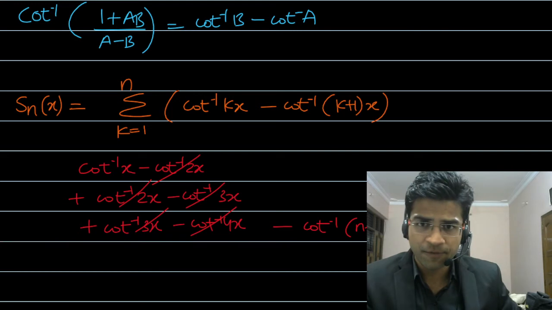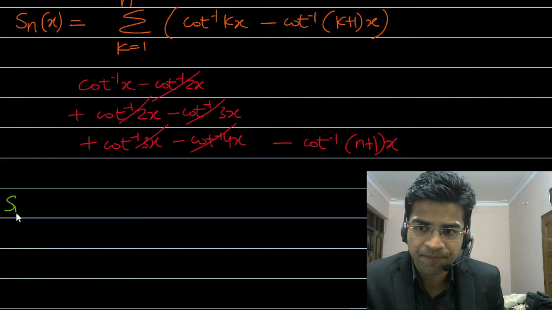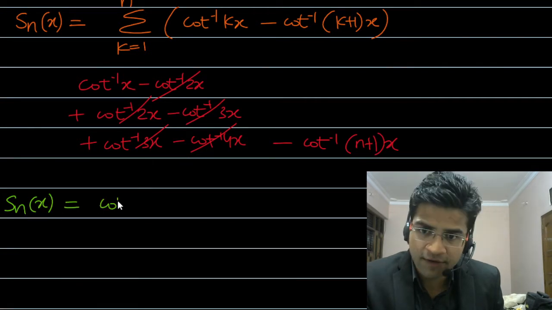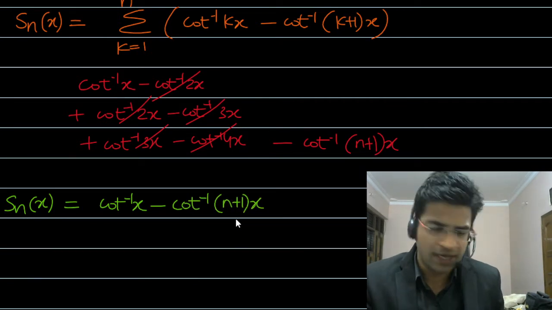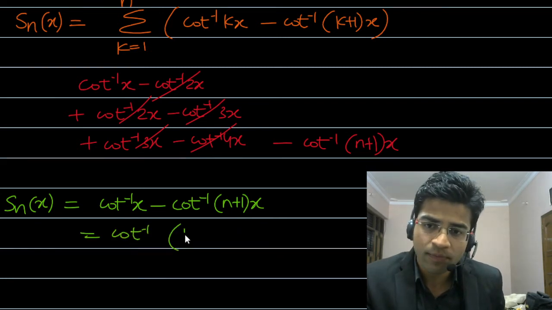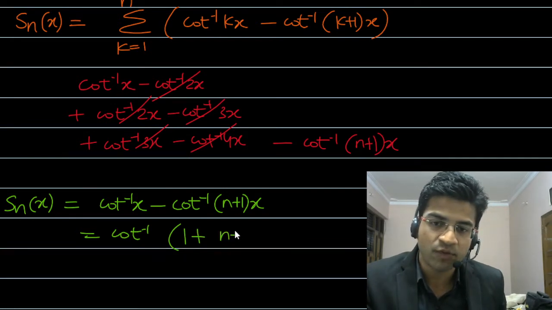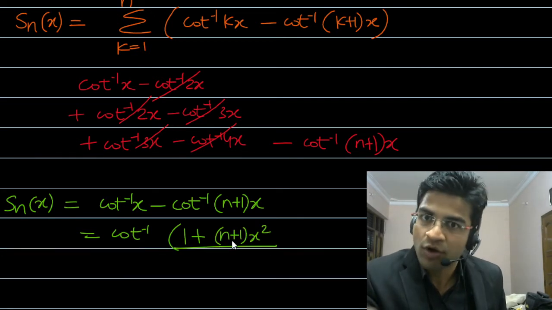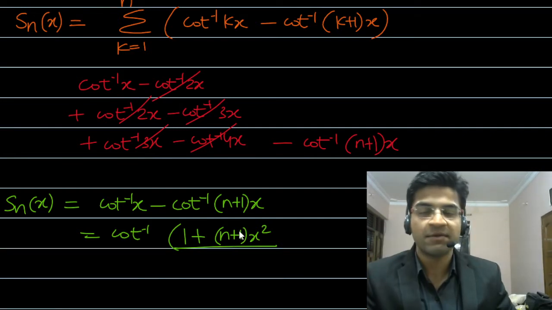So we have S_n(x) as cot inverse of x minus cot inverse of (n+1)x, and use this property of cot inverse again. It will be equal to cot inverse of (1 plus x into (n+1)x), so 1 plus (n+1)x square, and in the denominator, since this is cot inverse of a minus cot inverse of b, we will have b minus a.